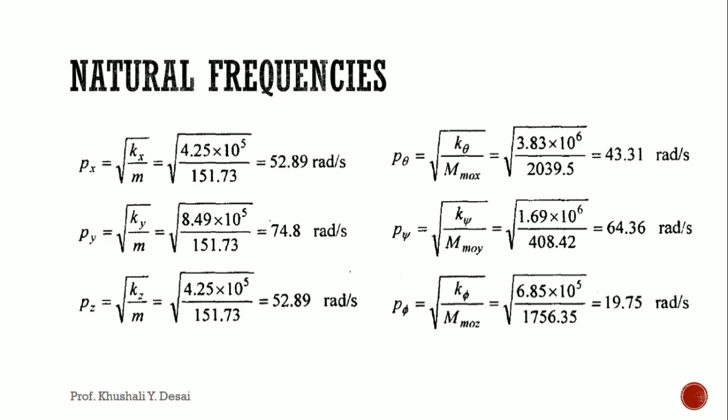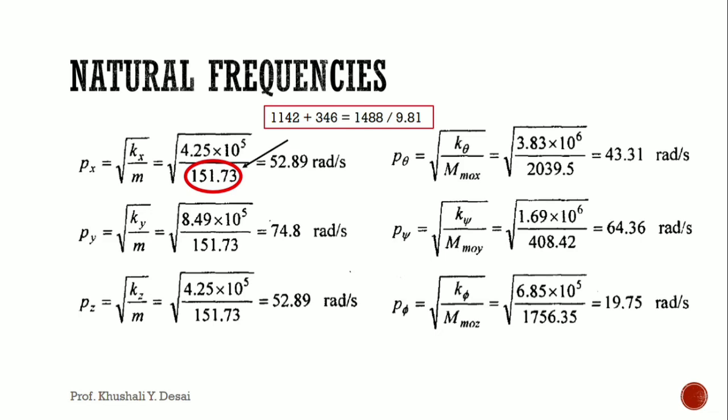Your kx, ky, and kz you have just calculated, while m is nothing but the total mass of foundation and machine together. So 1488 in kilonewtons, so in tons it is 151.73. So px comes out to be 52.89 radian per second, py is 74.8, and pz is 52.89.